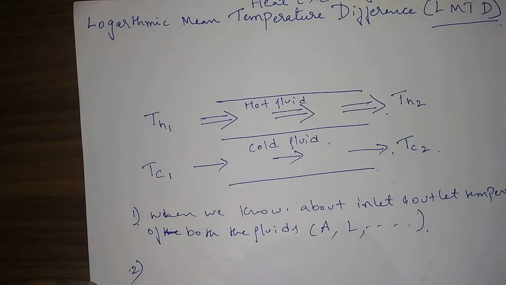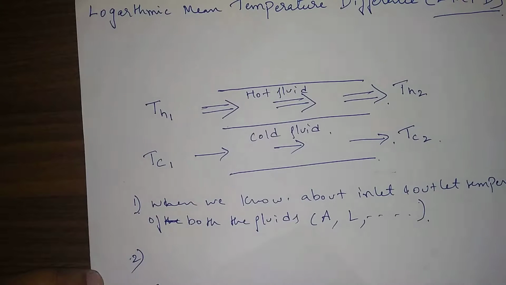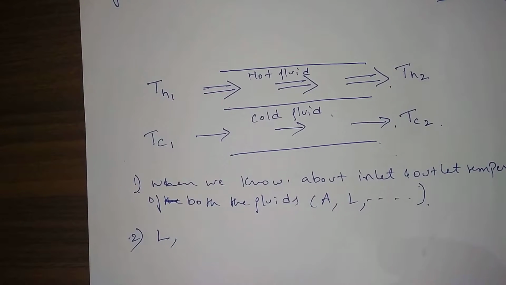And the second way is, already a heat exchanger is there. Suppose you know the length of the heat exchanger, or a customer comes and tells you that I have an allocated space, and within that space I want you to design the heat exchanger.